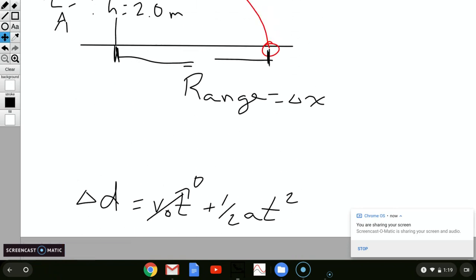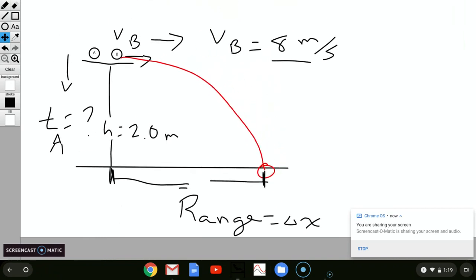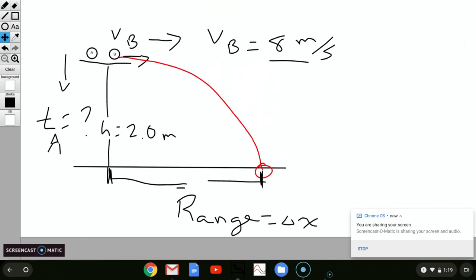Now, why does that matter? It matters because if that's how long it takes ball A to hit the ground, that's how long it's going to take ball B to hit the ground. Ball B is going to hit the ground at the same time as ball A, because if you remember from the last video, the X and Y motion happen at the same time, but independently of each other.